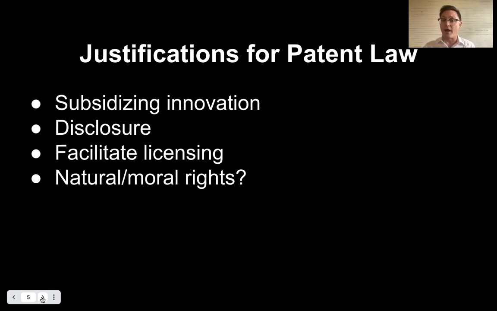In addition, patent law also has the benefit of disclosure, and this is an important benefit to think about in relation to the trade secret regime that we just discussed, right? Recall that when it comes to trade secrets, the ability to claim trade secret protection is premised fundamentally on keeping that information secret.